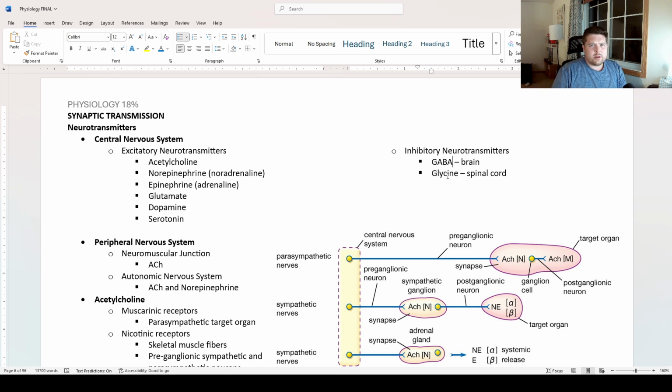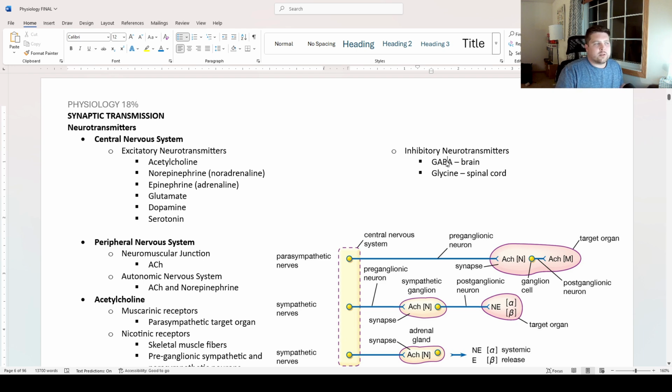A super common medication that most people have heard of is gabapentin. Gabapentin is primarily used for nerve type pain, and that's because gabapentin is an artificial GABA, and GABA is an inhibitor, so it inhibits the neurons and inhibits signals, specifically pain signals, from going to the brain.